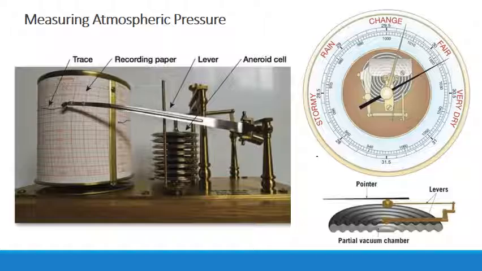So increasing pressure from 1010, which isn't such bad weather to begin with, but it's in the change to fair on the face of this barometer in the top right corner. All the way up to 1025, things are looking good, right? And that trend is fluctuating a little bit, but it's generally up.